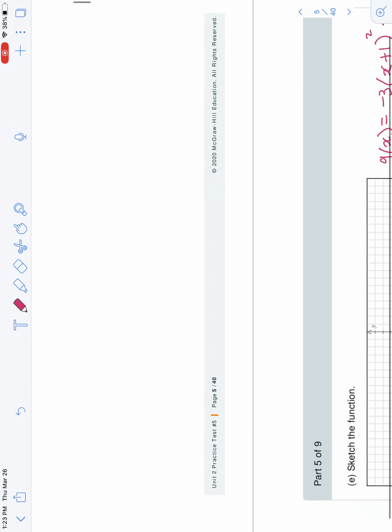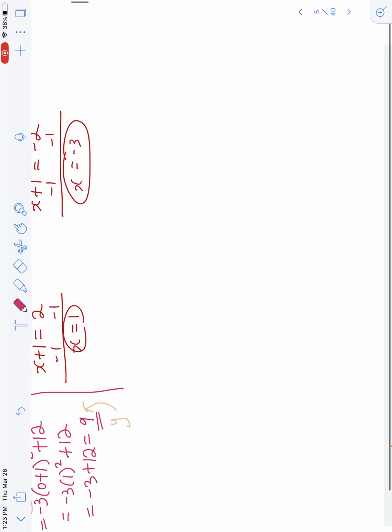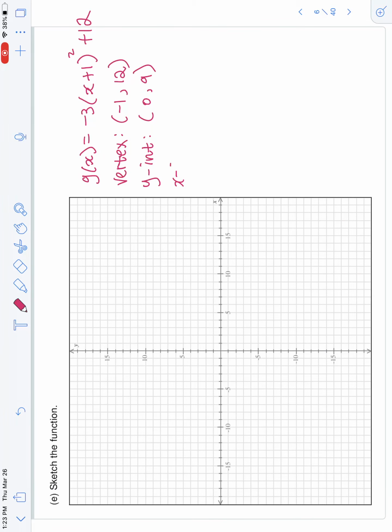We got the y-intercept to be (0, 9), I believe that was it. Yes. And what were the x-intercepts? 1 and -3. The x-intercepts are (1, 0) and (-3, 0). These are just the answers that we got from the previous parts.